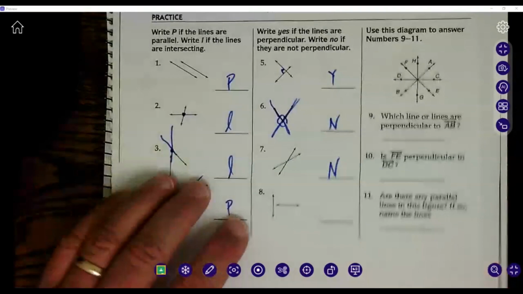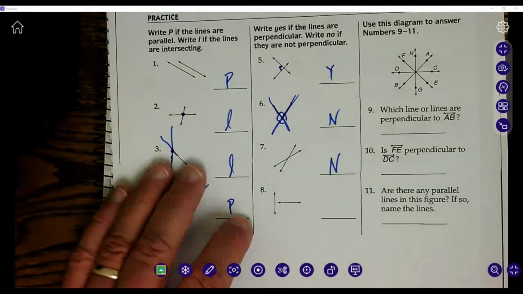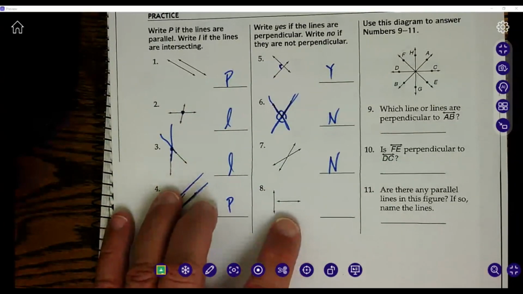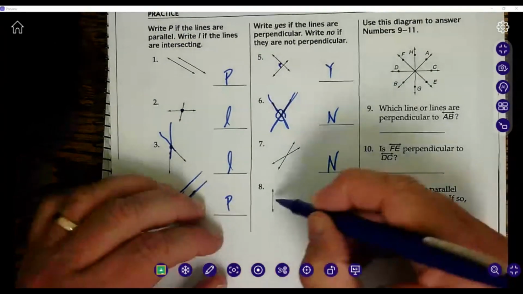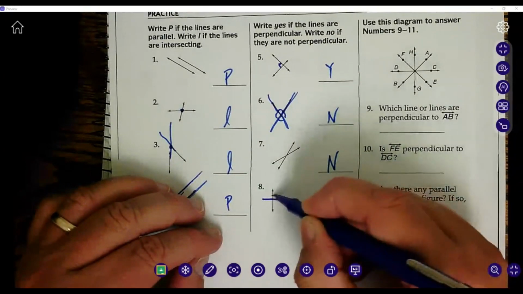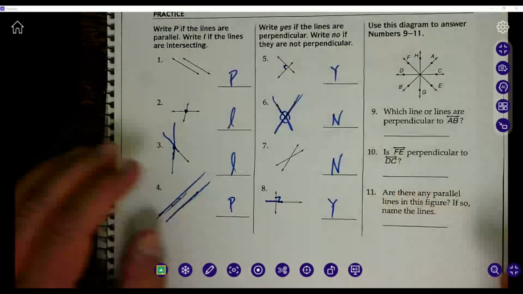How about number 8? Do those look like they would cross and form a right angle? Okay, yes, if I took this line and extended it, that's going to give me a right angle. And so yes, these are perpendicular.